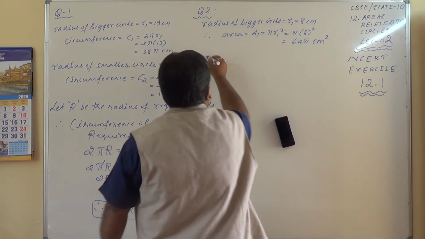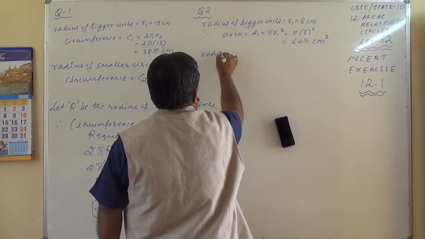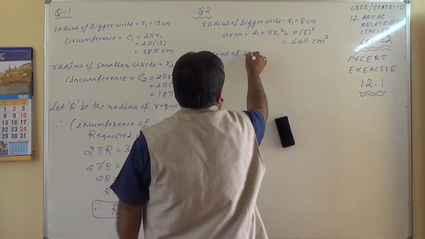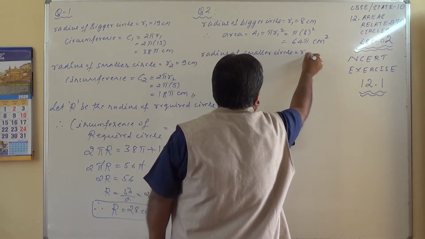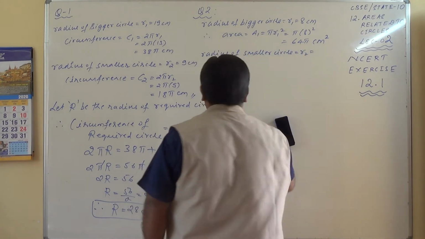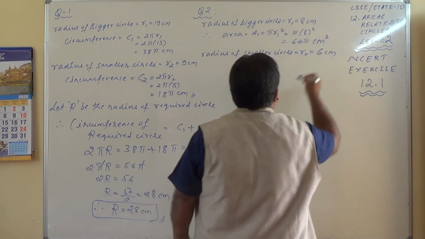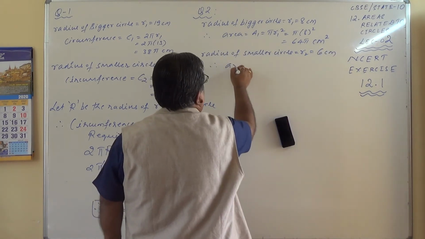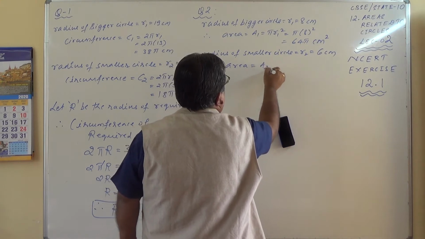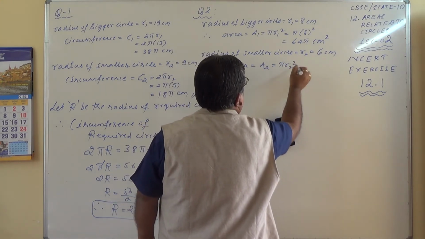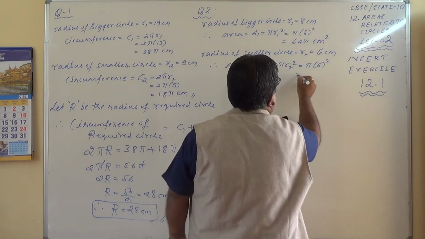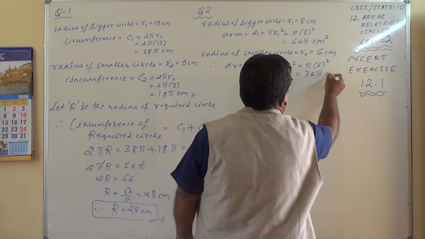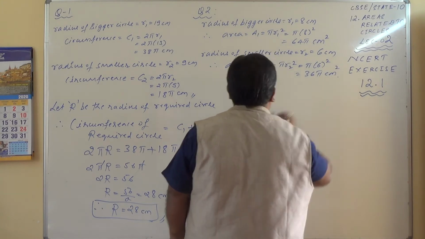Next comes radius of smaller circle R2 equals 6 centimeter. Therefore area A2 equals pi R2 square, which is pi into 6 square, which is 36 pi square centimeter.